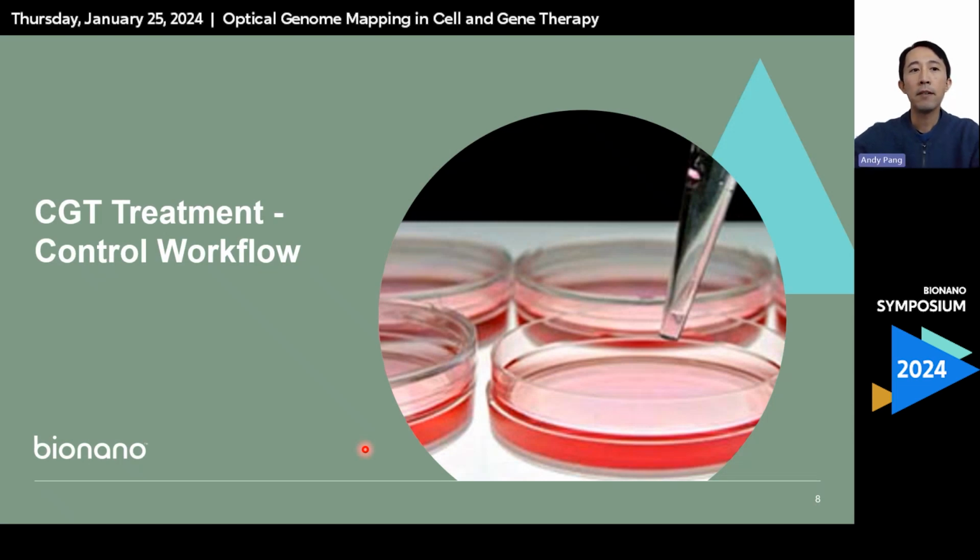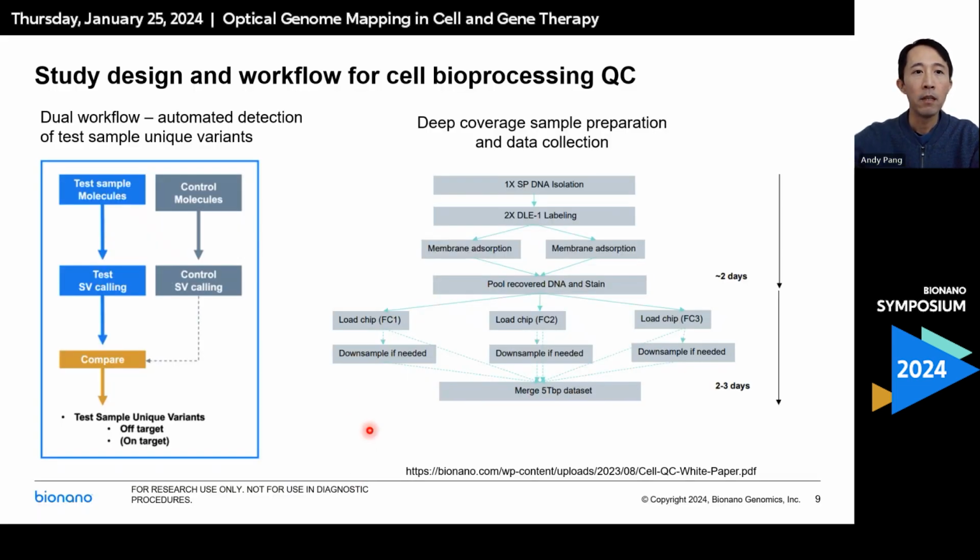Next, beyond sensitivity, I'll be talking about how you actually use OGM for cell and gene therapy, the actual workflow itself. I'll start with experiment design. So suppose you have a test sample, an edited sample, and a paired control, let's say the parental cells. You would collect data. Again, the amount that you would collect depends on your expected variant allele fraction, the sensitivity you want.